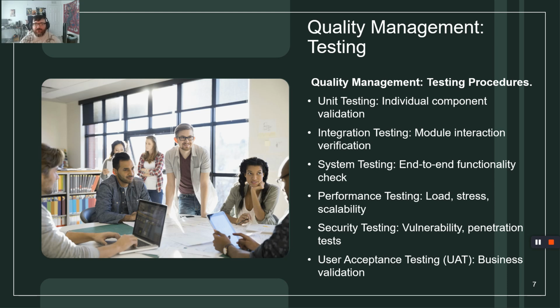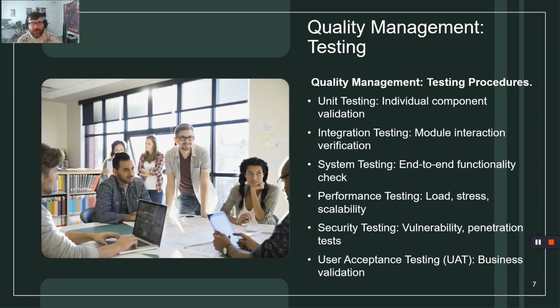We're going to want to make sure that it's validated and that each part of the software works properly. We've done this similarly in the past using JUnit tests as an example. We can also provide integration testing via module interaction verifications. We can do system testing, which tests end-to-end functionality checks.